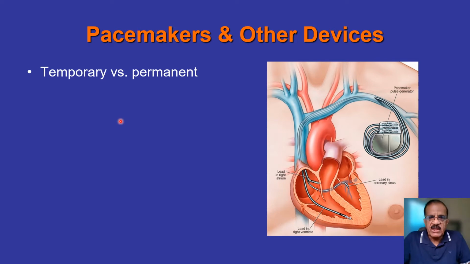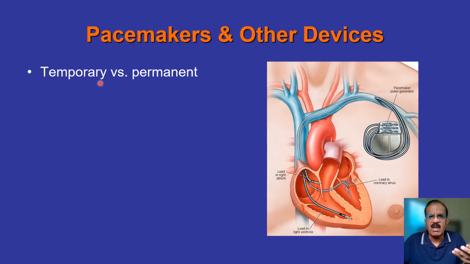There are various types of pacemakers. One simple difference is temporary versus permanent. For example, somebody develops acute AV nodal block because of inferior wall infarction or because of certain drugs or some other toxicity. So we are assured that this condition is temporary. A permanent pacemaker is not needed.